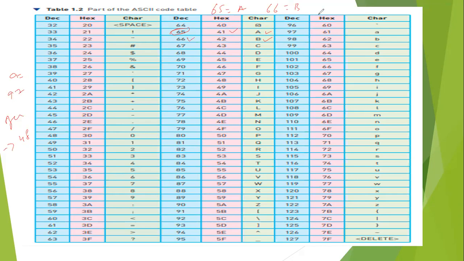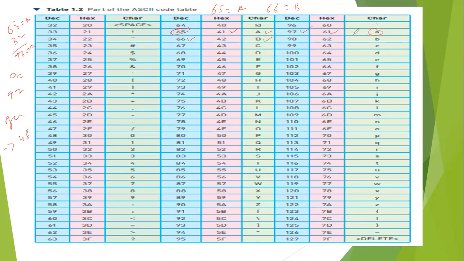Now here you can see there is another logic. If you remember 65 is capital A, you can add 32, it will be 97. So 97 will be small a. Here you can see 97 is given, and 61 is the hexadecimal, and small a is the character.